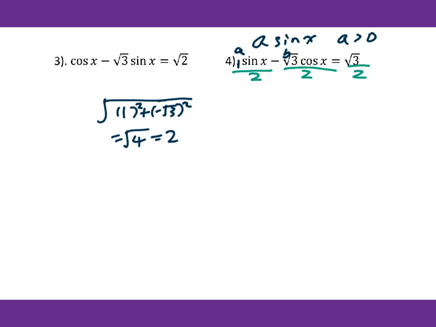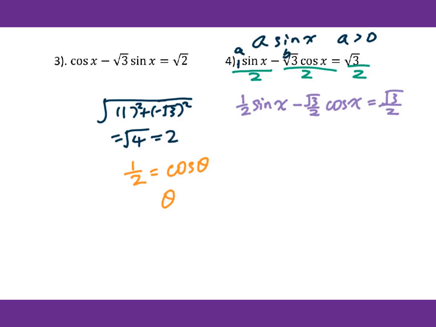Then rewrite this equation. We got 1 over 2 sin x minus square root of 3 over 2 cosine x equal to square root of 3 over 2. We set up 1/2 equals cosine theta. Theta equals pi over 3. Therefore, I can write down sin x, this is a minus, so we do minus pi over 3 equal to square root of 3 over 2.